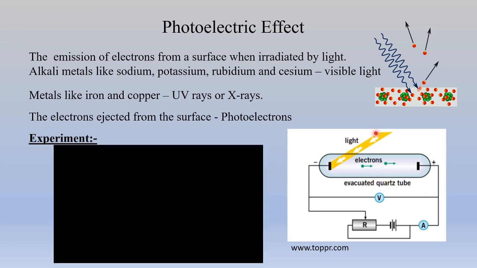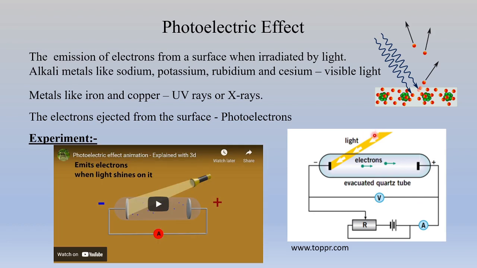Now, let us see the important laws of photoelectric effect. Let us start the experiment with visible light, which has the lowest frequency, keeping the intensity constant, and then we increase the frequency. When we start with the low frequency, no photoelectrons are emitted.